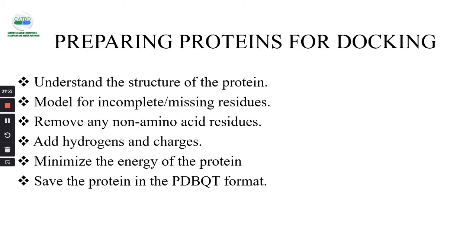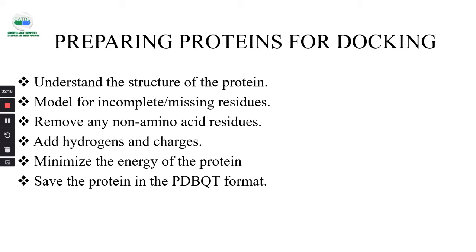So protein preparation. The first thing is to understand the structure of the protein. Are there missing residues that you need to model? If there are no missing residues, you remove non-amino acid residues, that is maybe the co-crystallized ligand, water. During the process of elucidating the experimental structure, you are going to have water in it.